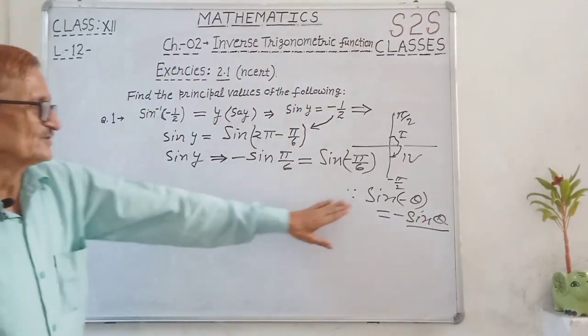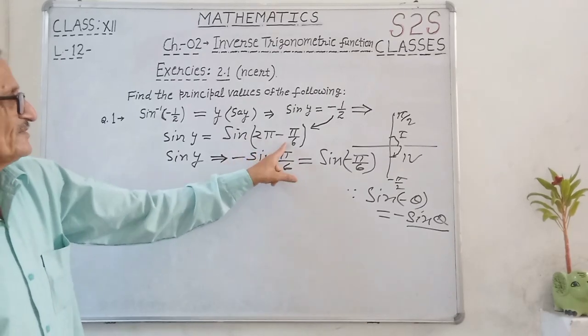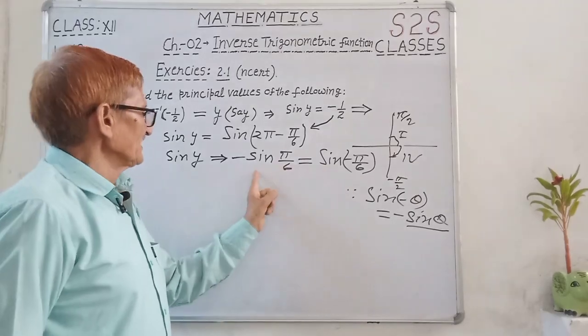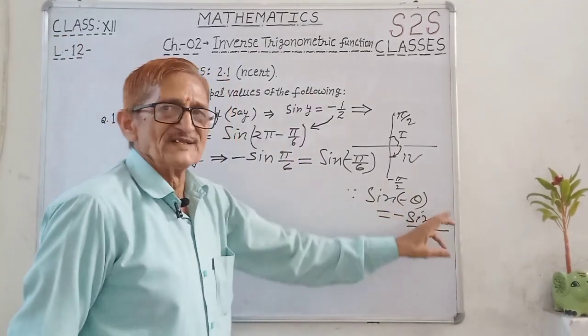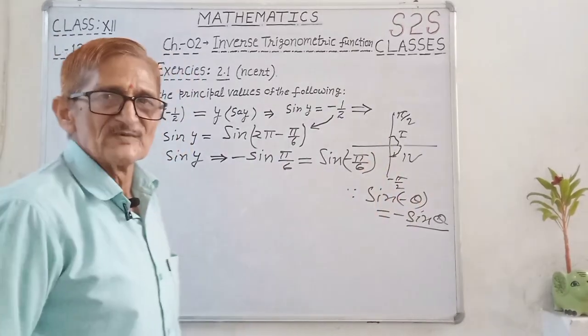Okay, use this: minus sine pi by 6, or this is sine 2 pi minus theta, minus sine theta. Then minus taken inside because minus sine theta is sine minus theta, so minus sine pi by 6 equals sine minus pi by 6.